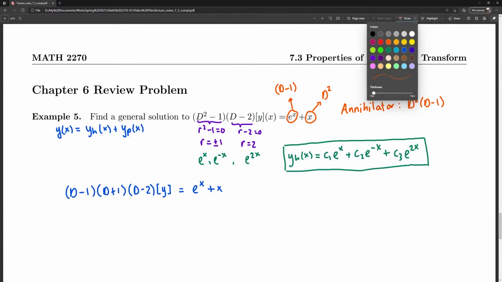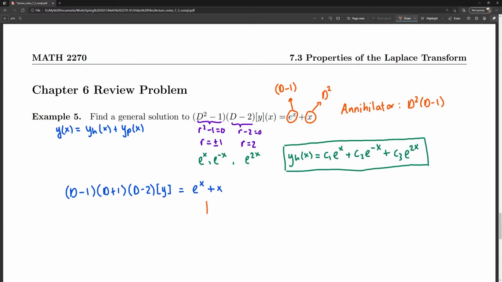And I'm going to apply my annihilator on both sides. So D squared times D minus 1, and that will be 0 because of the way we chose the annihilator.